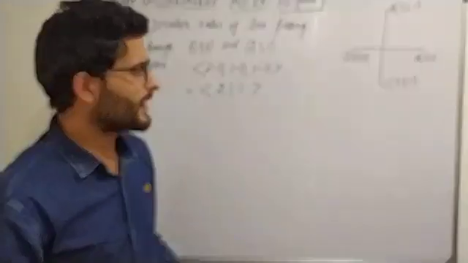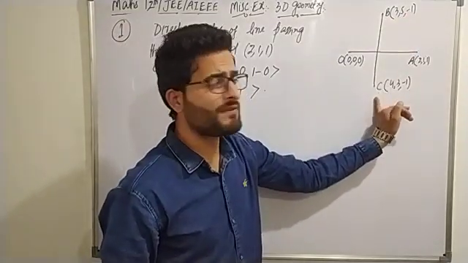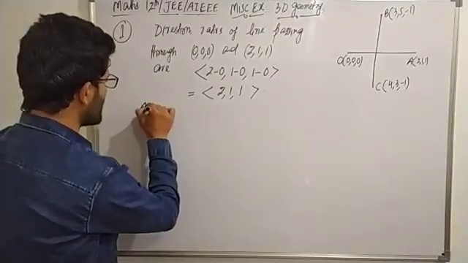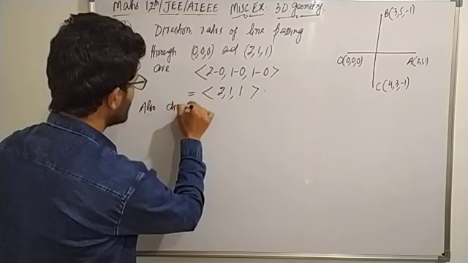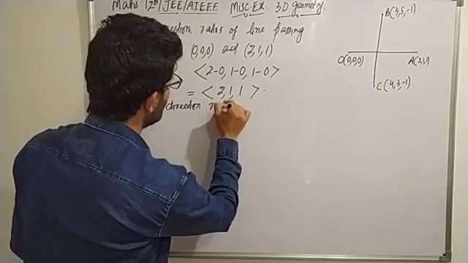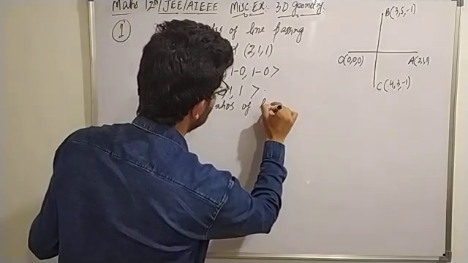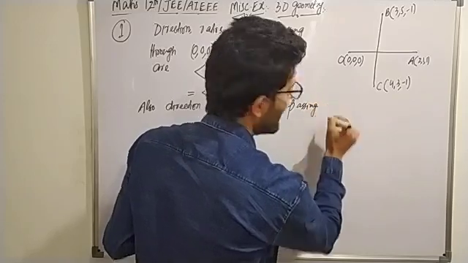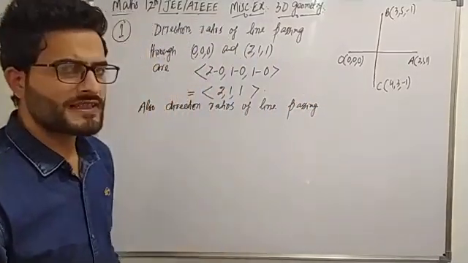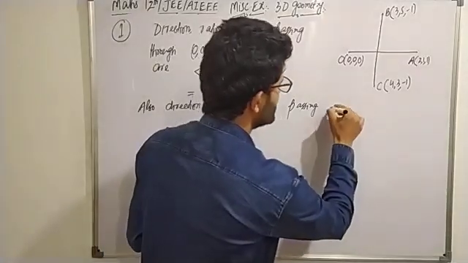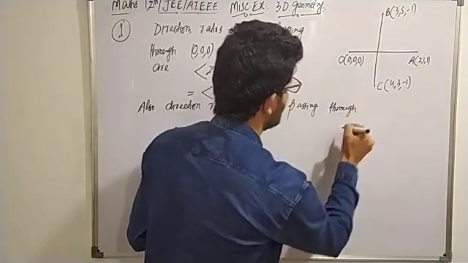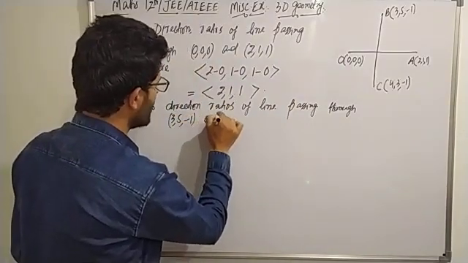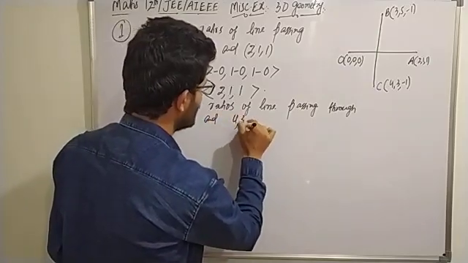In the similar fashion, we are going to find the direction ratios of line BC which passes through the points 3 5 minus 1 and 4 3 minus 1. So what will be the direction ratios of that line which is passing through the points 3 5 minus 1 and 4 3 minus 1?